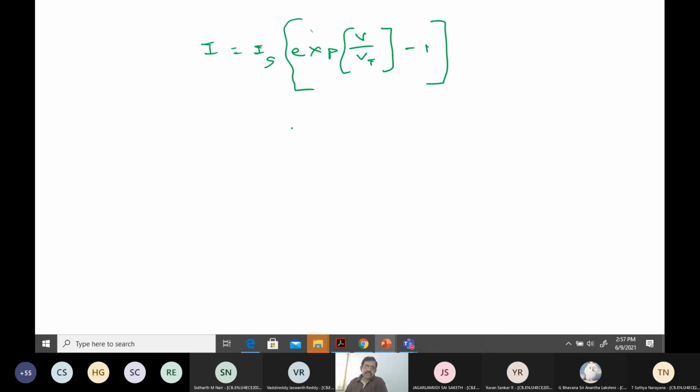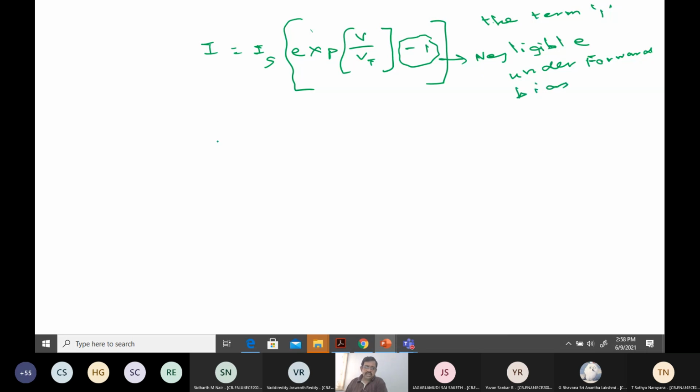In forward bias, the term 1, unity, is negligible compared to the exponential term, because the other is an exponential factor.